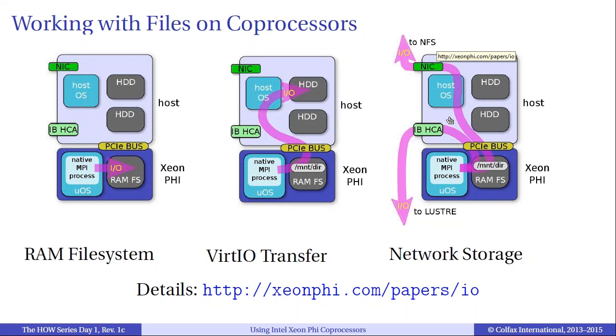It can also work with Lustre, which is a high-performance, scalable storage, quite a bit more difficult to set up, but it is scalable and it can operate across InfiniBand interconnects, achieving very high throughput rates. And once again, the way you work with files is your application will read and write files in some directory on Xeon Phi, and the traffic will transparently go to the storage server.